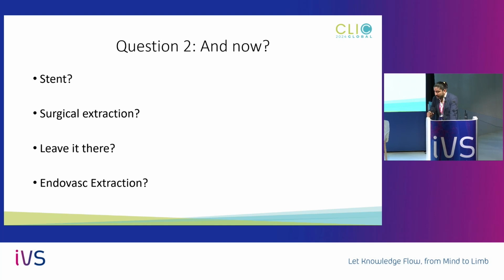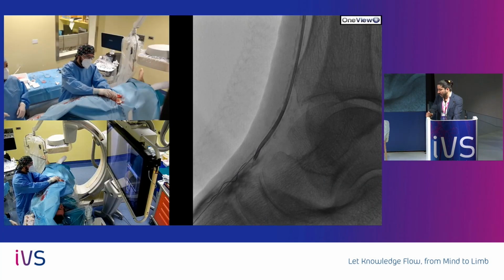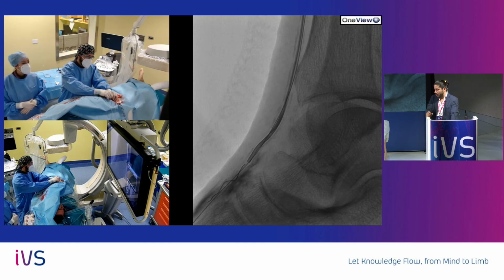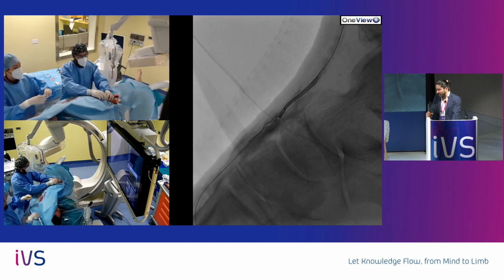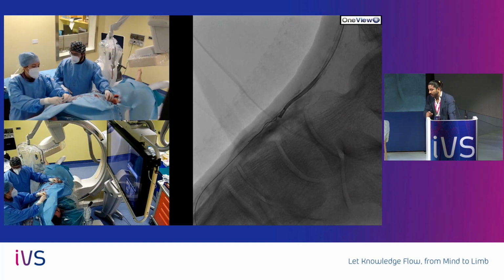Options: put a stent, surgical extraction, which is not in my hands, leave it there, or an endovascular extraction. To not waste time, this is what I did. Advance with the 4 French catheter to the dorsalis pedis, where the piece of the guide wire was moving. That was the reason why I decided to put a long sheath, but I needed to finally remove it.